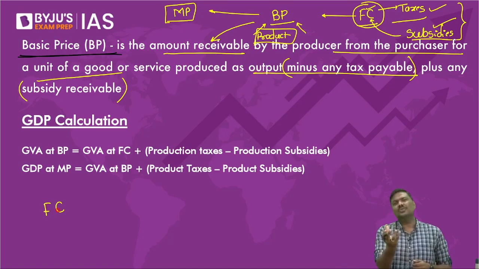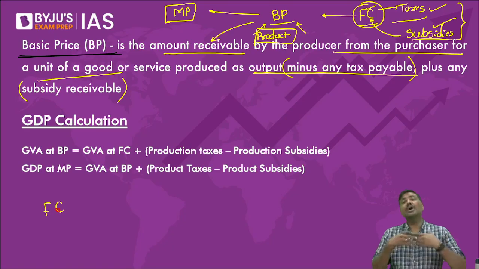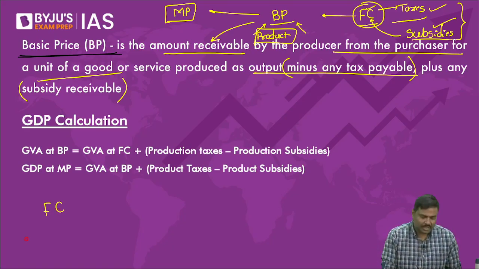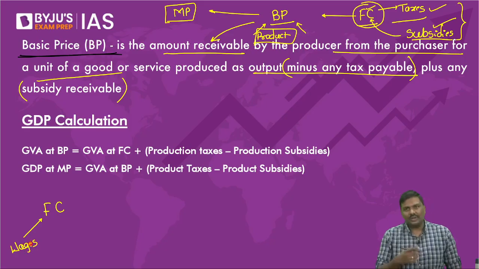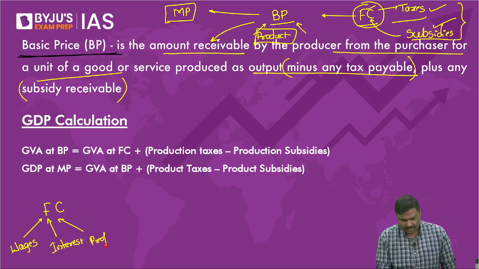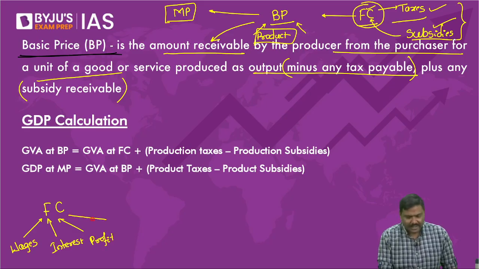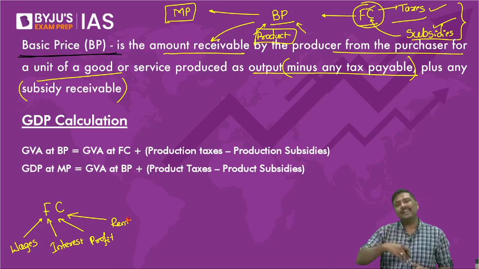What are you counting in factor cost? You are counting wages, interest, profit, and finally rent. Wages, profit, rent, and interest.